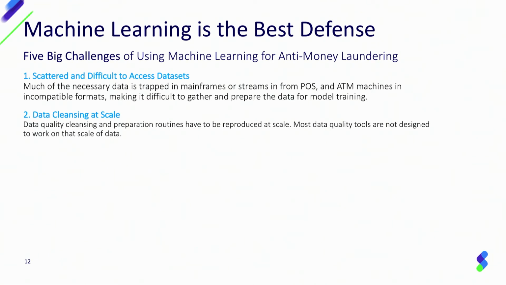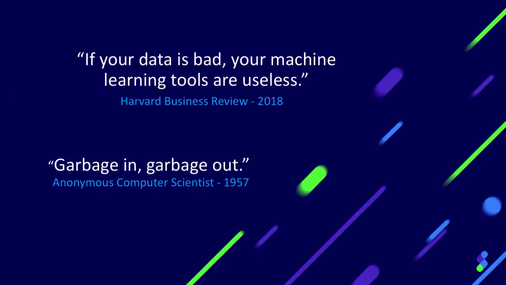Basically, as we are integrating the data, we want to make sure that we are also getting rid of the data that's not going to be relevant. There's a recent Harvard Business Review article on the impact of bad data for machine learning. If your data is bad, your machine learning tools are useless.